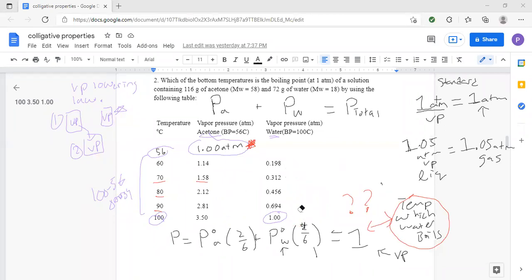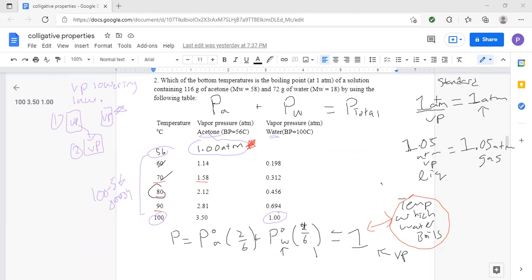So let's go back to the block. I've tried these already. I can tell you that it's not 60 degrees, it's not 70 degrees. The answer is 80 degrees.